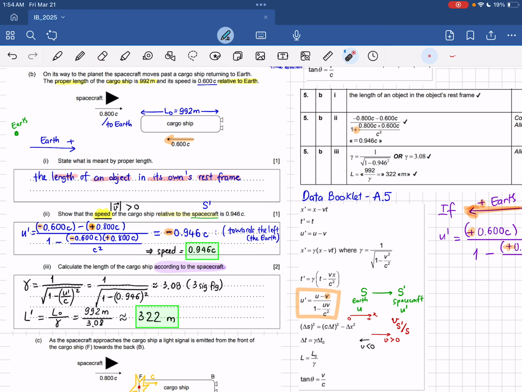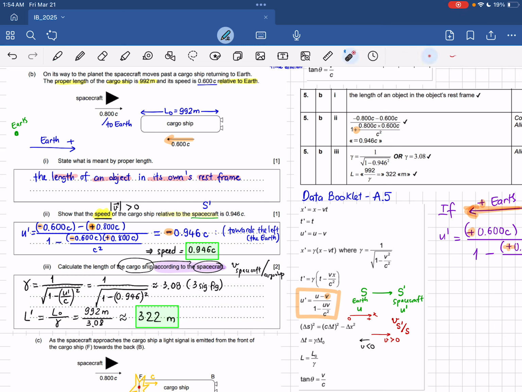Because you just imagine that we need to transform from the cargo ship to the spacecraft. So that's why we need to identify the speed of the spacecraft relative to the cargo ship, okay?